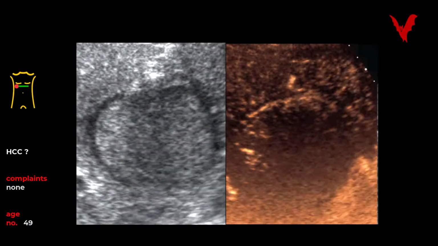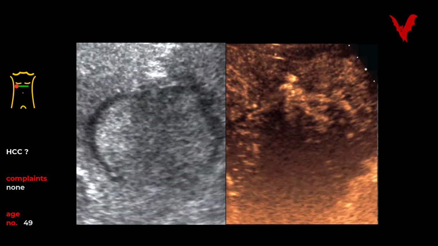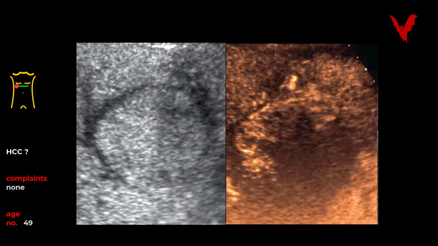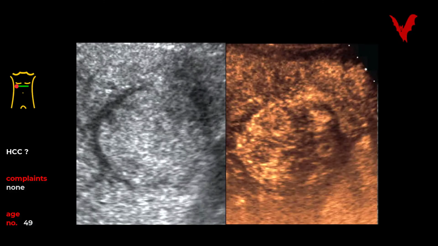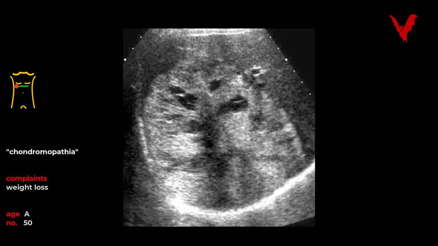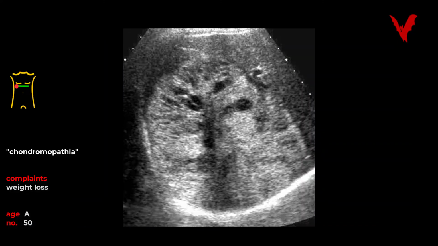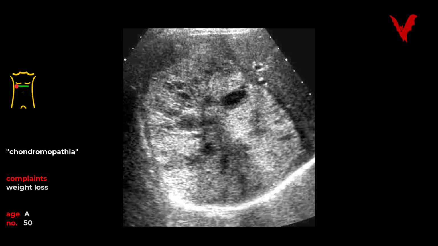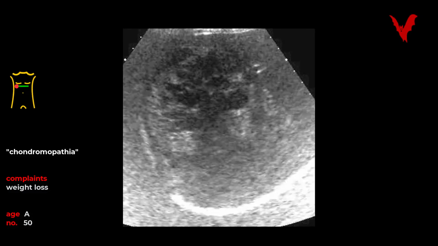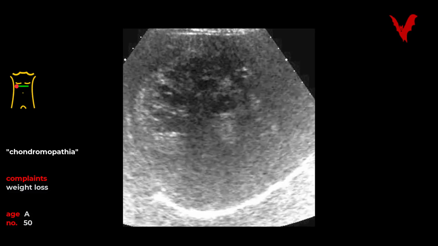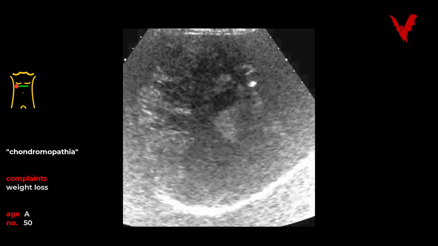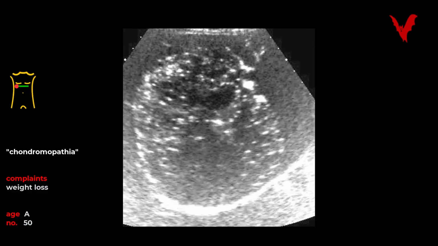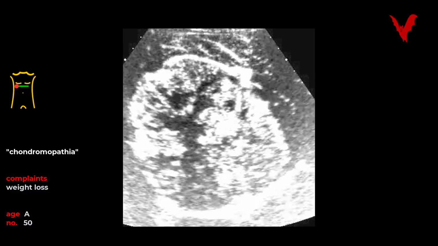And here in this third case in figure 49 as well. Figure 50, however, shows an HCC too. It was misdiagnosed first as chondropathia.